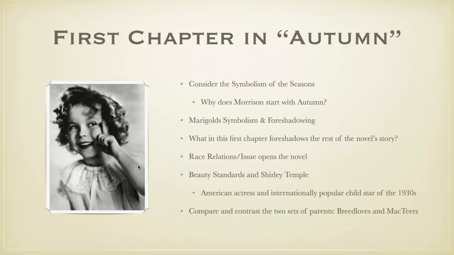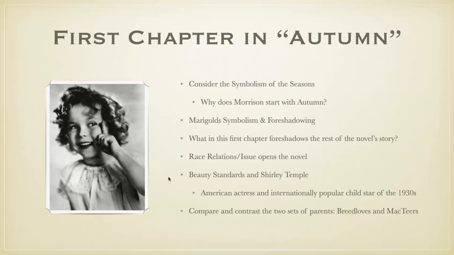Also think about what in this first formal chapter foreshadows the rest of the novel. We've got some race issues that open up the novel. Beauty standards with Shirley Temple, this is a picture of Shirley Temple here, American actress and internationally popular child star of the 30s.